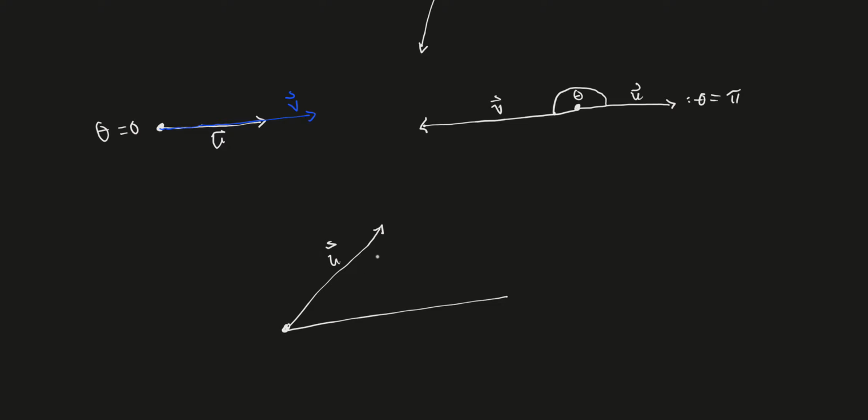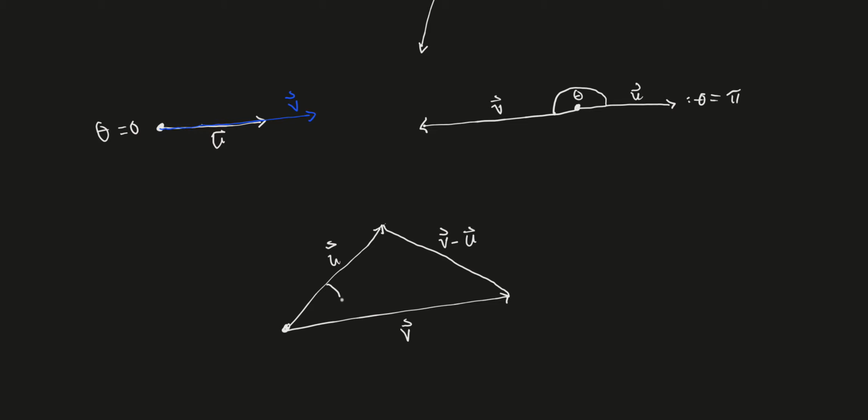We have our U, and we have our V. And now, if you remember when we were doing the geometric way of interpreting the vector arithmetic, we could come up with the idea that this diagonal vector going from here to here would be V minus U. So this vector here is the vector v minus u.